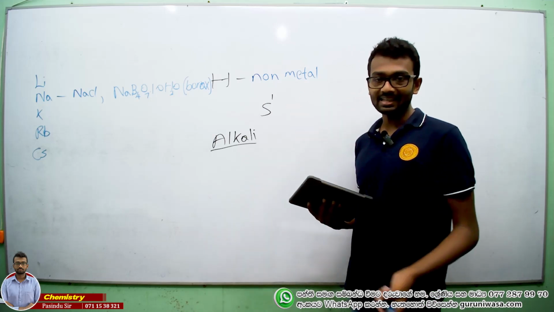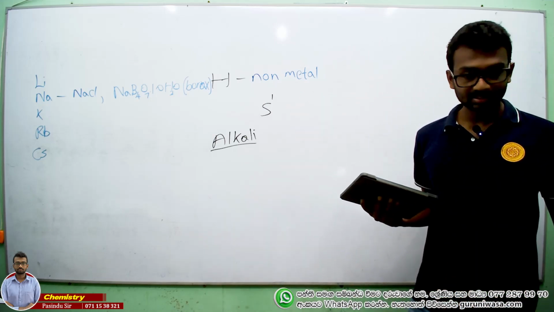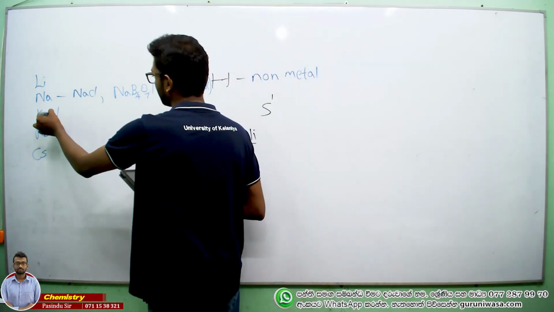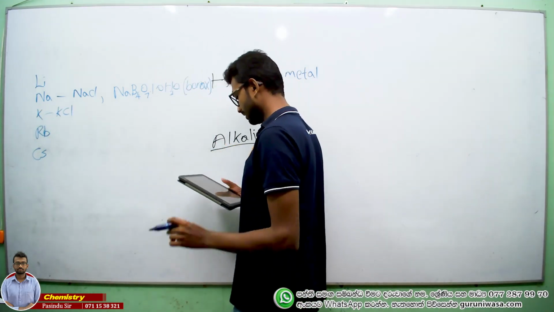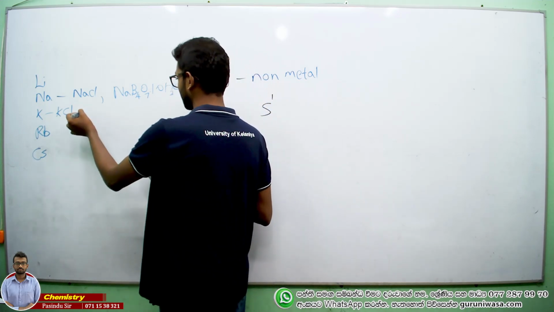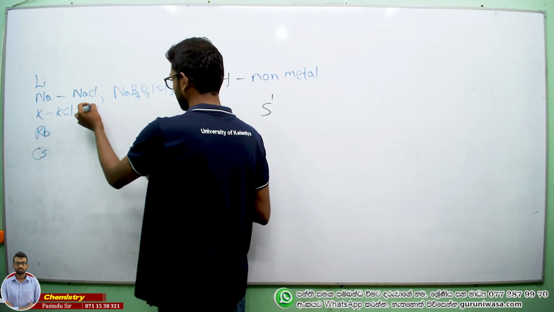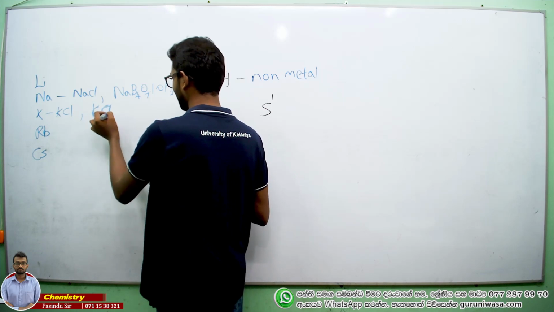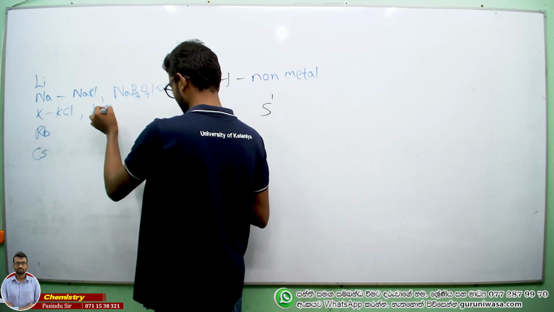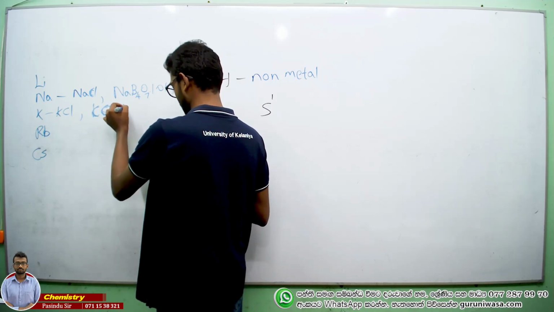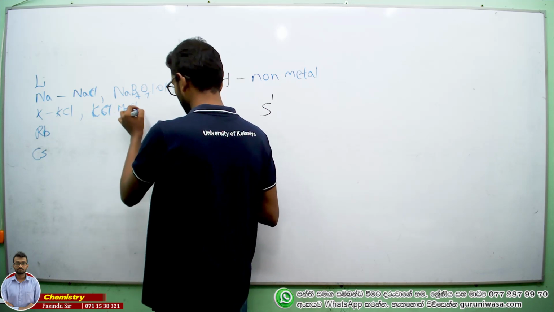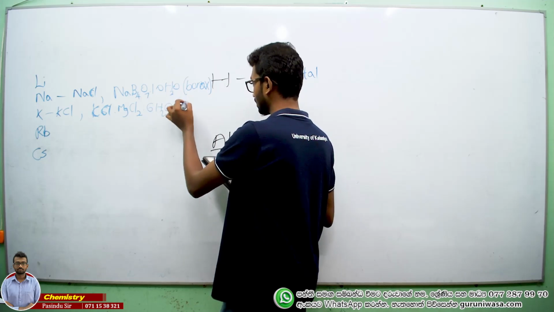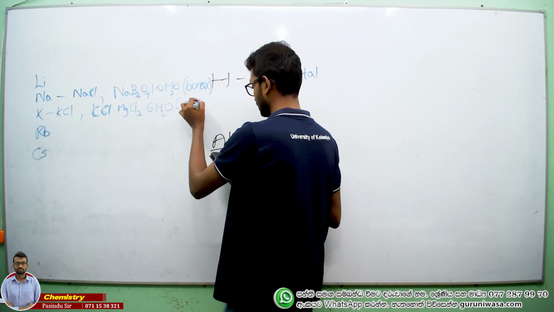That one also, like sodium, is available as KCl. And the new one, KCl, the C should be capital. KCl·MgCl2·6H2O. We call it carnallite.